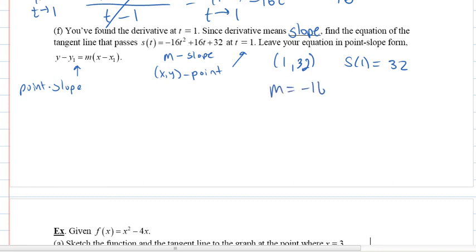M was equal to negative 16. Now using the point slope formula, we have y minus 32 is equal to negative 16 times x minus 1. And that is our final answer. In calculus, you do not need to simplify. You can leave your answers in point slope formula, and the AP reader will still give you full credit.